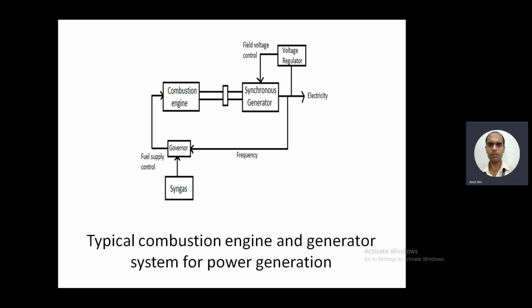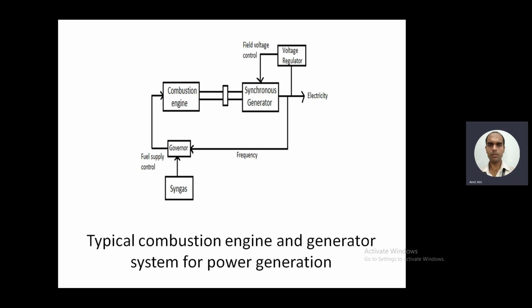So why do we need it? Because of a mismatch between the power demand by the load and the power generated by the generation system. If there is a mismatch, there is a direct change in the system frequency.